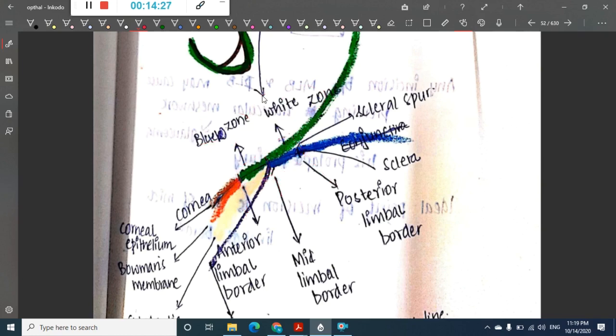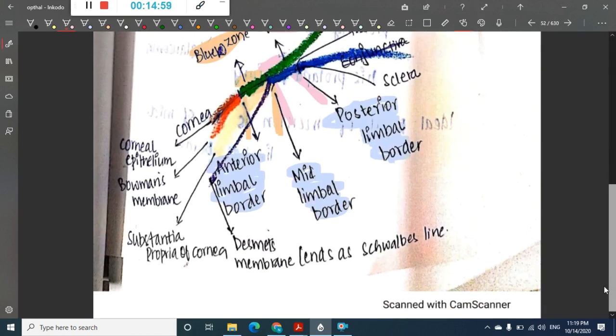So this is important: the anterior limbal border, mid limbal border and posterior limbal border are seen in the limbus. Okay, so these are the things which you see at the limbus, right? Next.